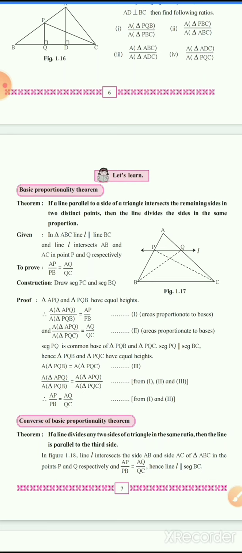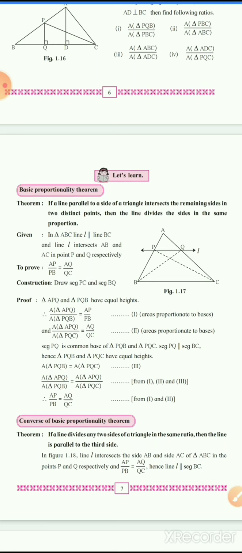Okay, now we have to take second pair of triangles. First we have taken the pair of triangle APQ and triangle PQB. Now triangle APQ and triangle PQC.